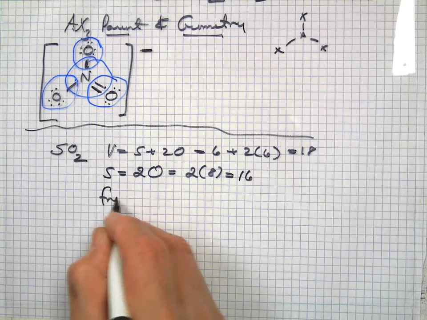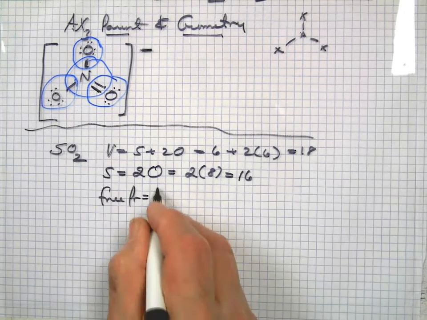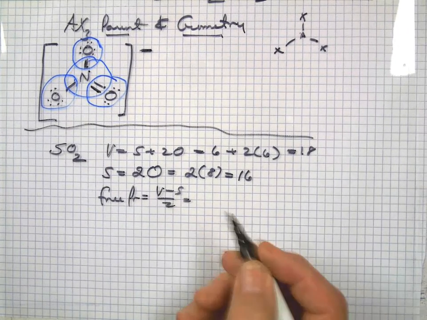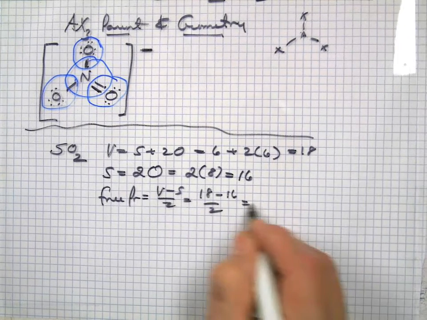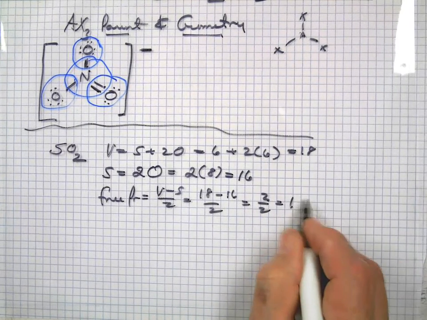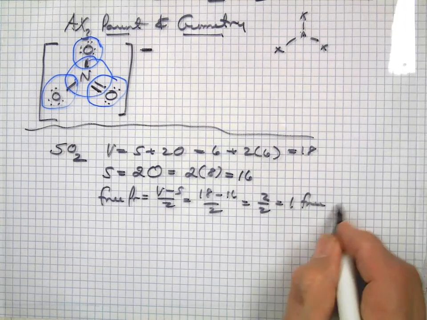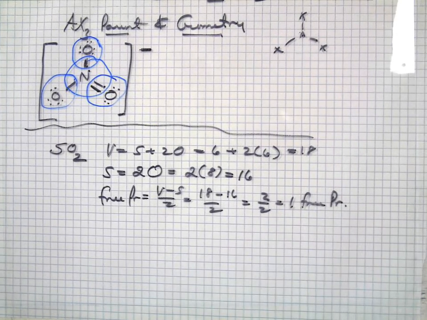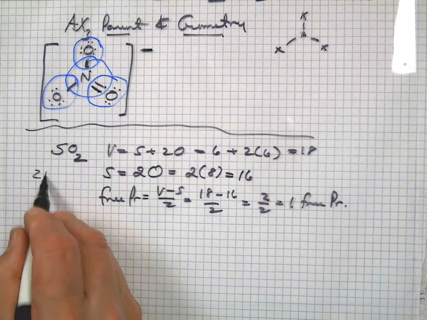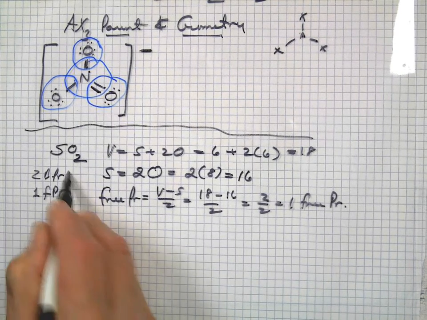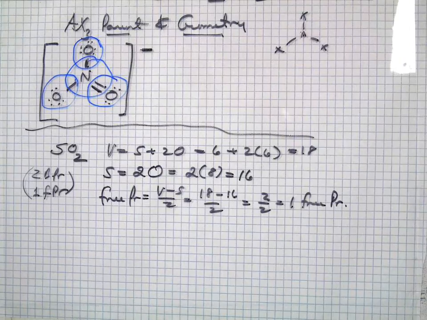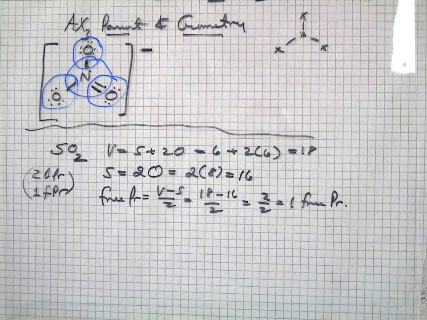So your free pair is valence minus substrate over 2, 18 minus 16 over 2, and 2 over 2 leaves us with 1 free pair, or non-bonded pair. So we have 2 bonded pairs and 1 free pair that has to be taken into account in this. Now, listen carefully on this.